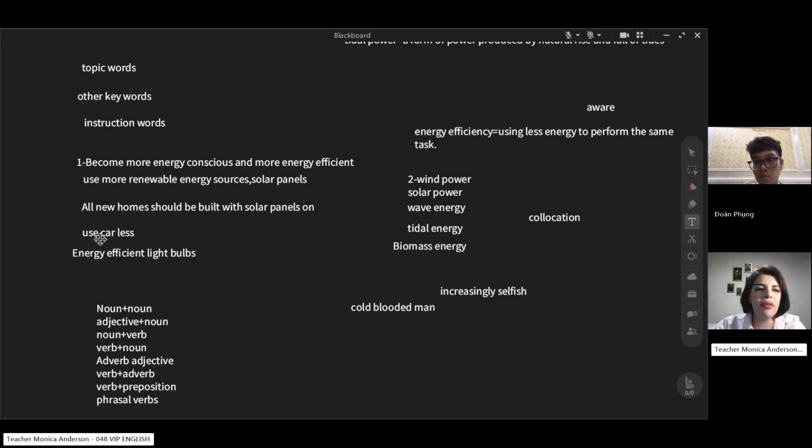Okay, and let me think about it. The last one, this one: geothermal energy. It's related to the earth. Geothermal energy is heat inside the earth.